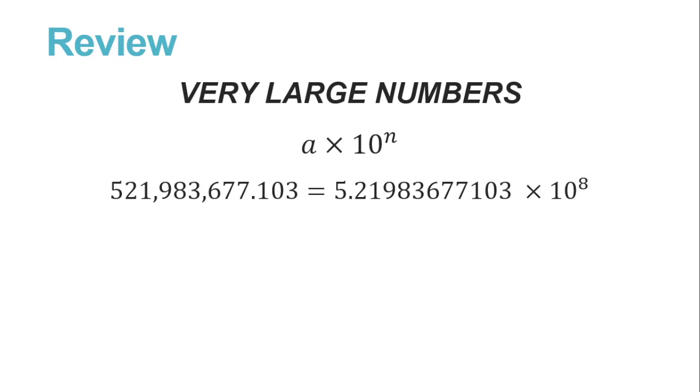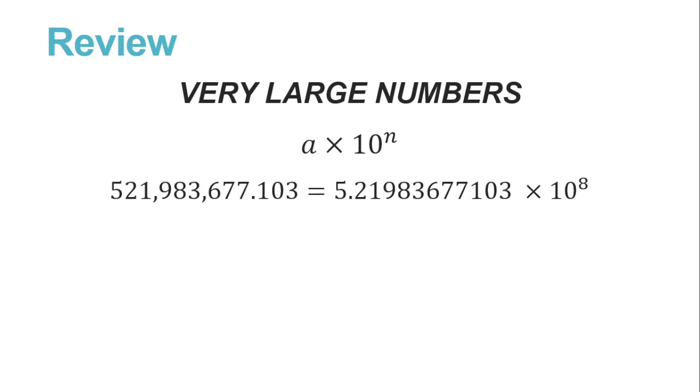Just keep in mind that if you're moving to the left, you have a positive on what's above the 10, and if you're moving the decimal point to the right, it will become negative.